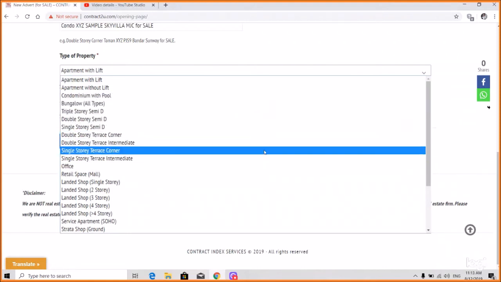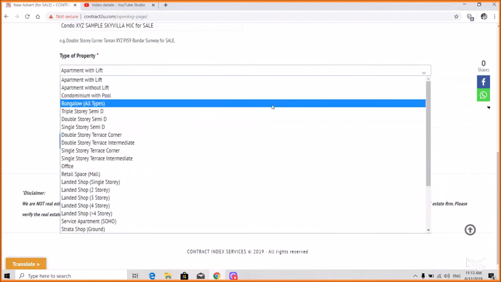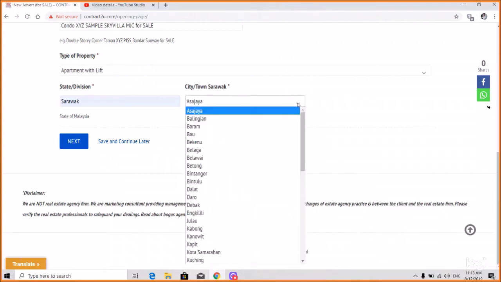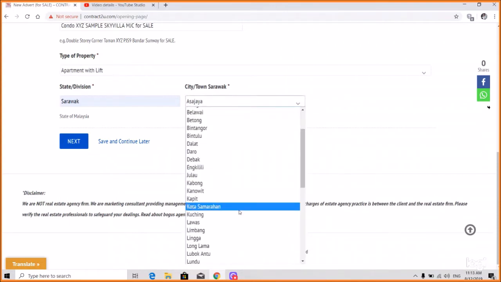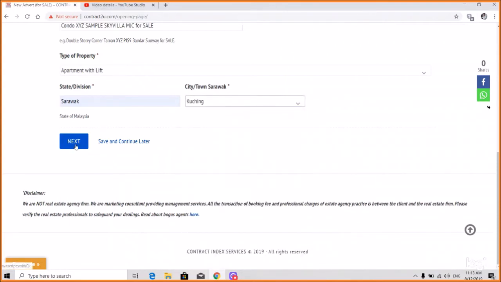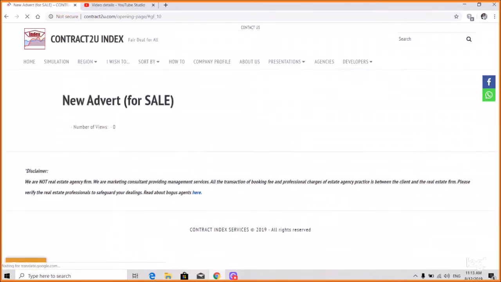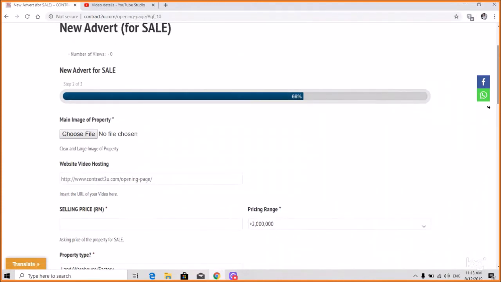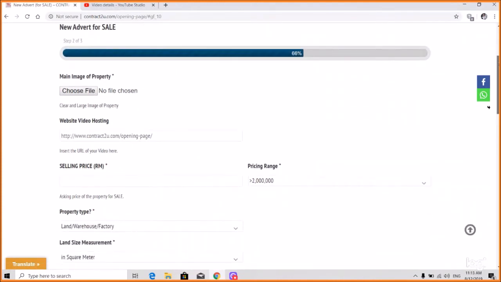So these various selections are also built into the calculation of the point system for the index to calculate. We are at Kuching. Next. And when you go to the next page, it is for the Interproperty Index, selling or rental.